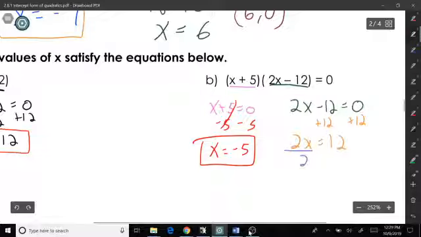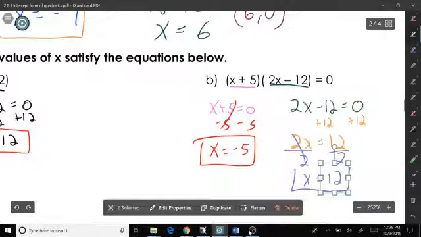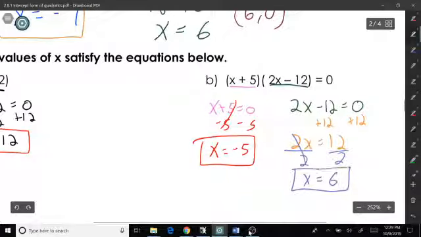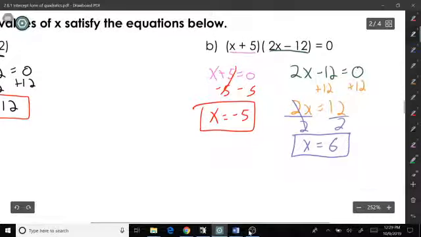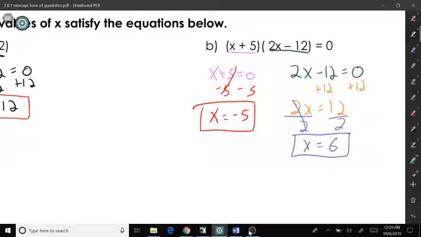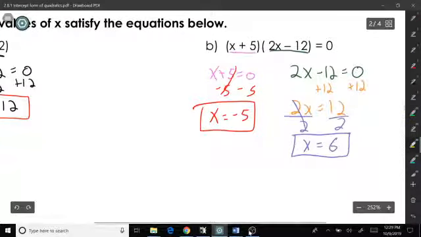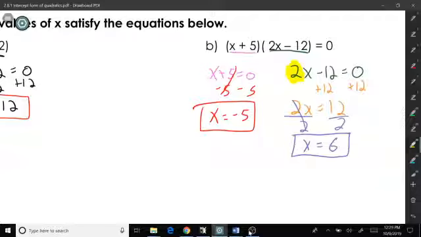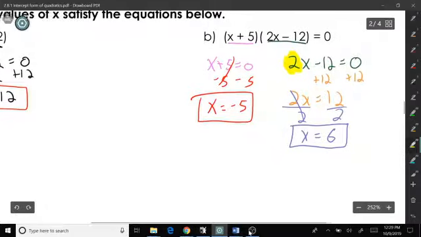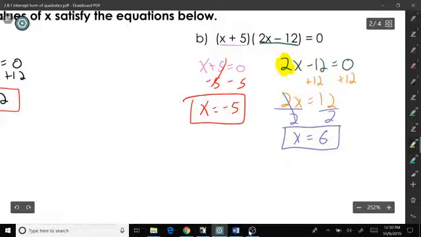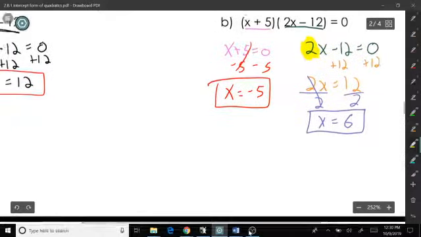But we have to divide by 2 because we have a 2 in front. Whoops, not 12, 6. So we had to do that little step because of this 2 out in front. Right, so to set each part equal to 0 and solve. So those are 2 answers.